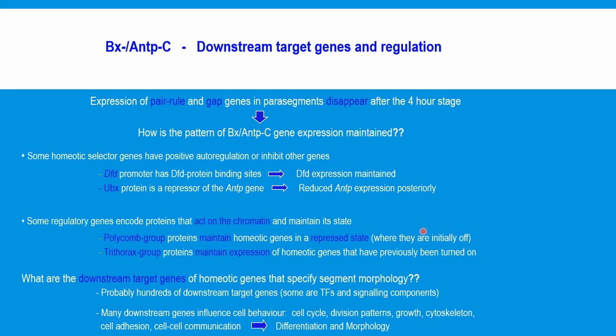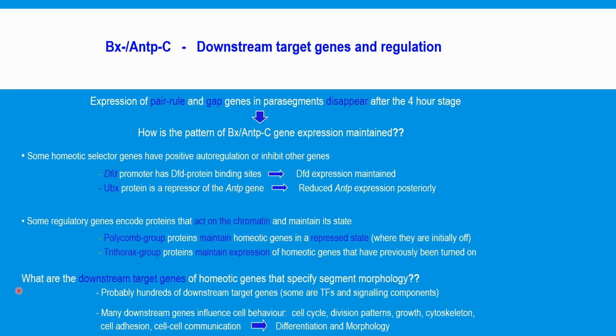So there is interregulation between the homeotic genes, where they can enhance their own expression and repress other homeotic genes from being turned on in that position, but they also activate the transcription of genes that will keep those genes repressed where they should be and maintain their own expression where they need to be.